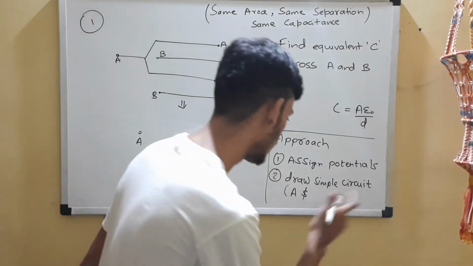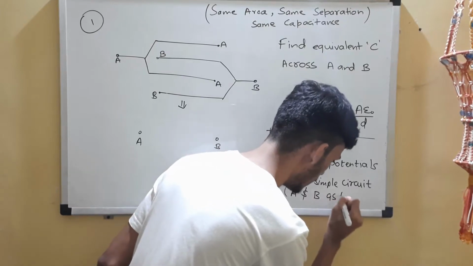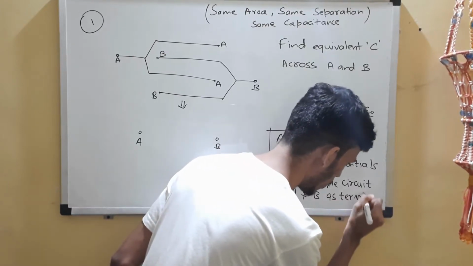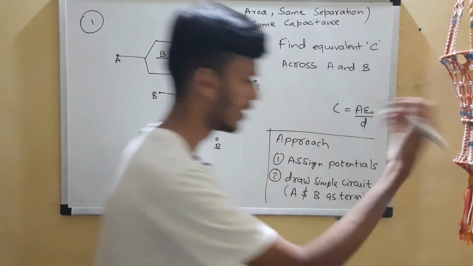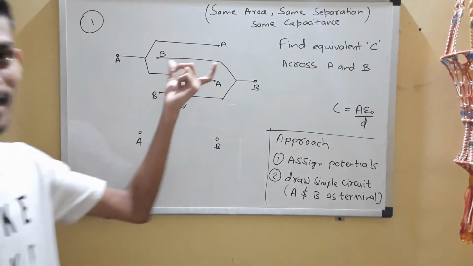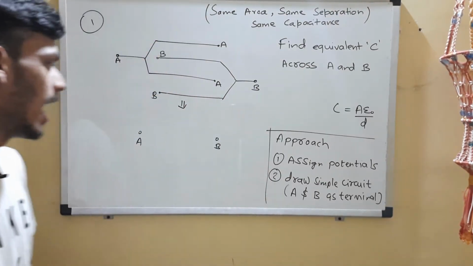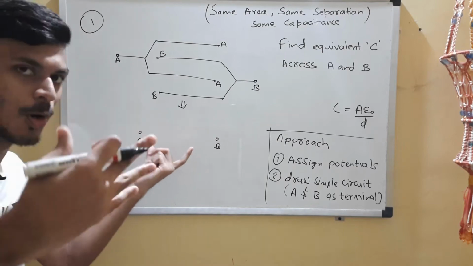So draw a simple circuit, treat A and B as terminals. You'll appreciate this point more when we discuss the problems ahead. Now here we have only 2 points, A and B. In the upcoming problems we'll have more points, and there you are supposed to keep those other points as well.